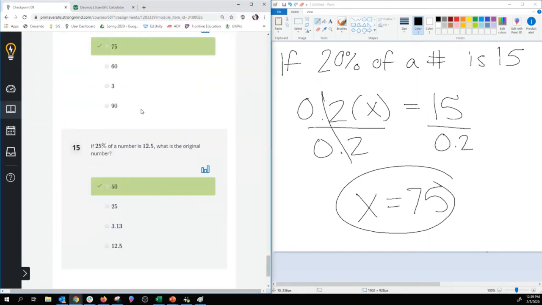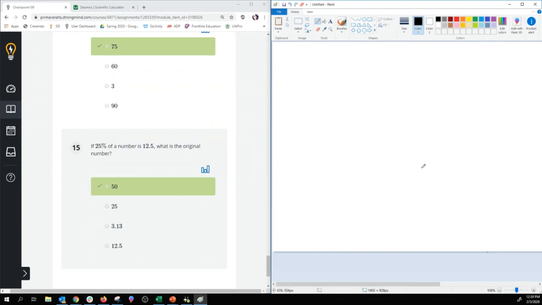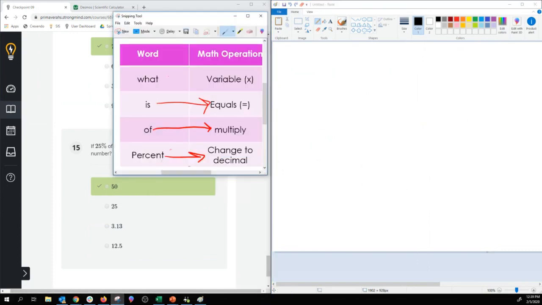So the last one: if 25% of a number is 12.5, what is the original number? So what would be the equation that you write for that one? I'll put this up for you guys in case you need it.